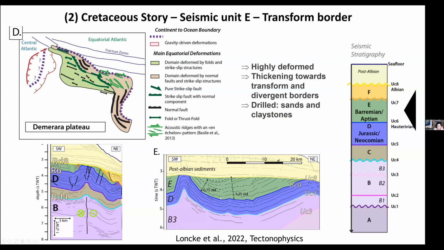You also see that this unit is thickening towards some directions, toward the north, toward the future transform border, but also toward, you will see it just after, toward the east. This unit is highly deformed by fold and strike slip systems.